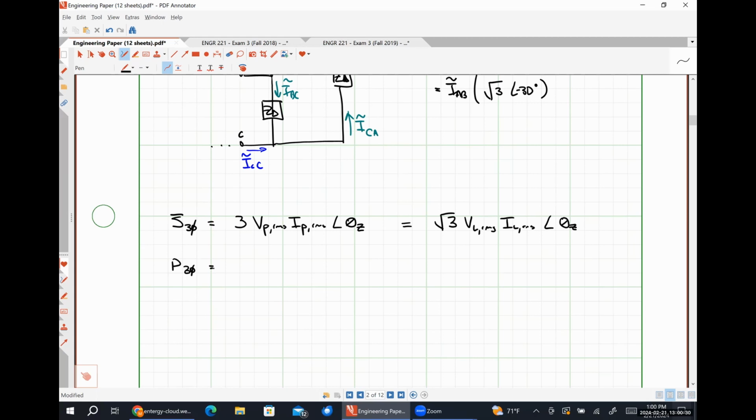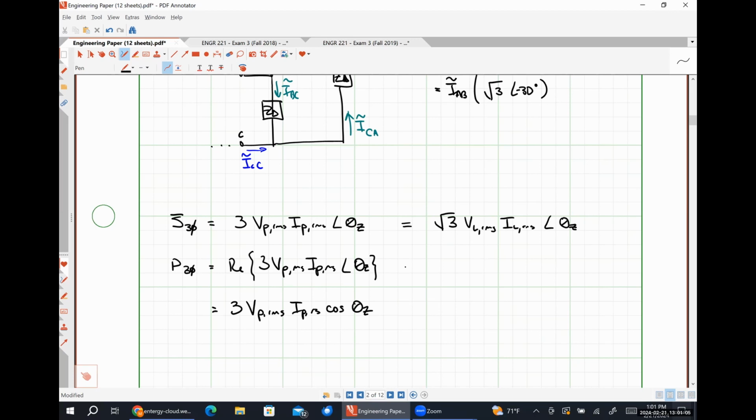Our average power is nothing more than the real part of our complex power. So the real part of 3 VP IP angle theta z is just 3 VP IP cosine theta z.